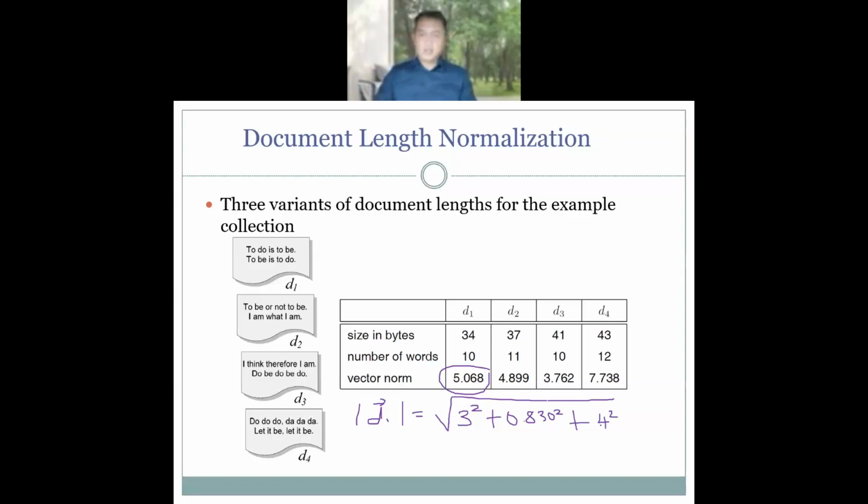Okay, let me confirm that one. So basically we have 9 plus 16 plus 0.83 square.